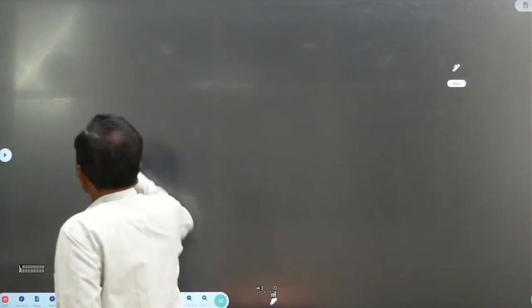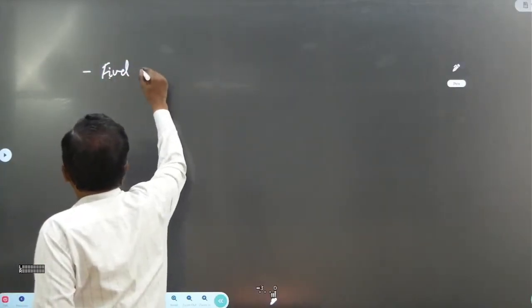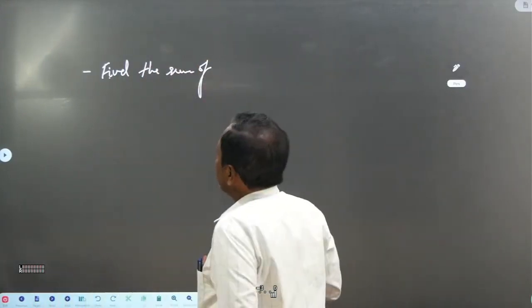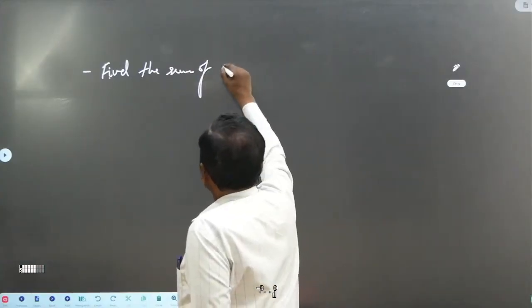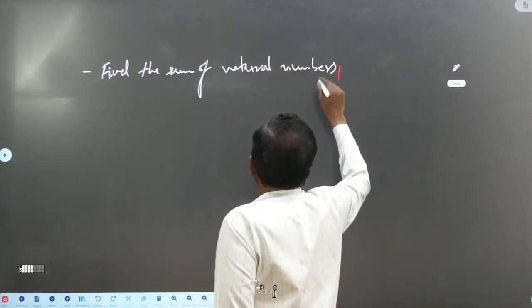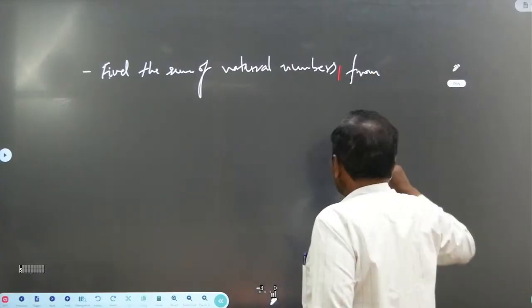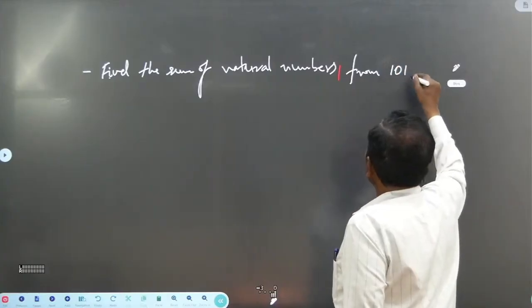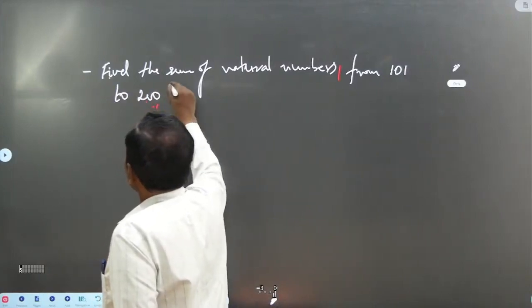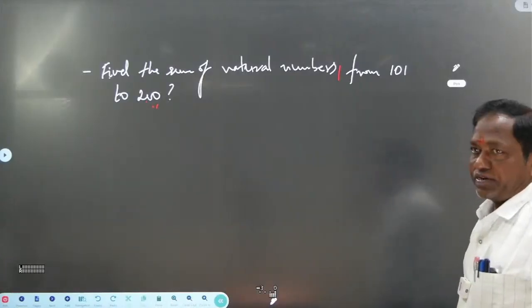And now we can see: find the sum of natural numbers from 101 to 200.